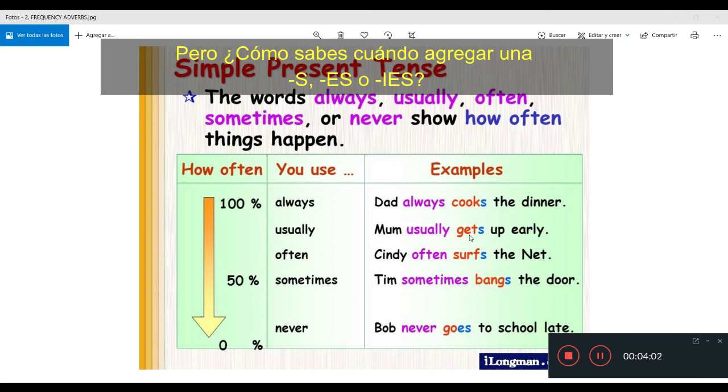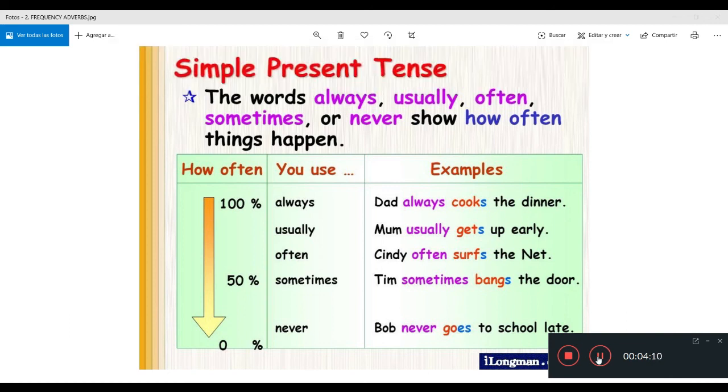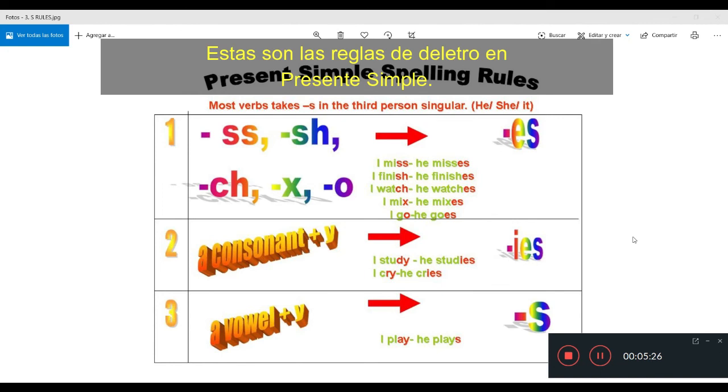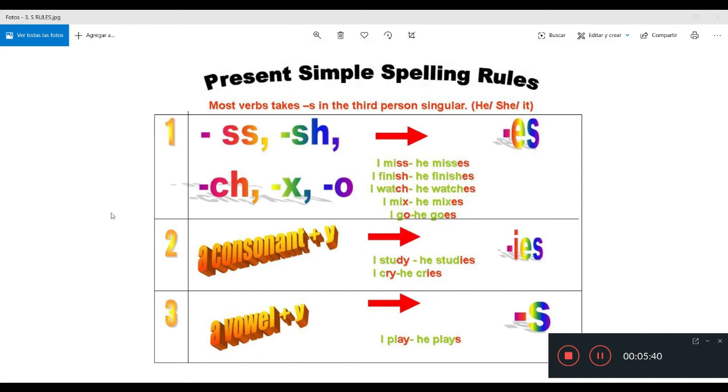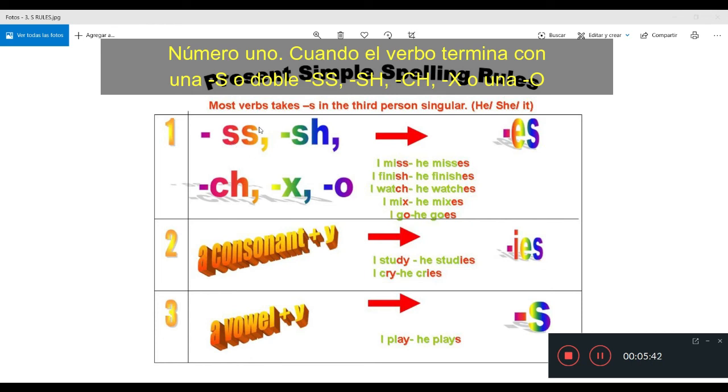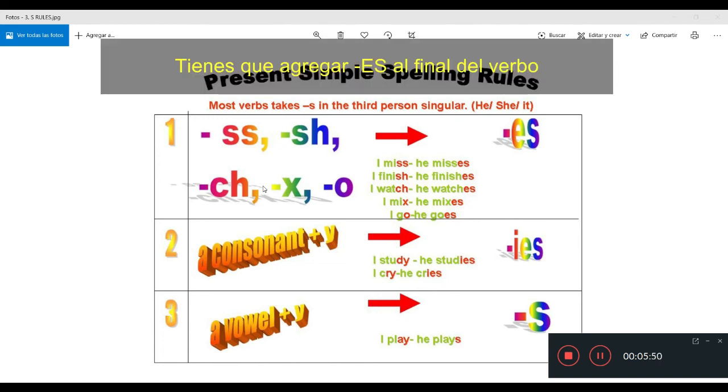But how do you know when to add an s, es, or ies? These are present simple spelling rules. Number 1, when the verb ends with an s or double s, sh, ch, x, or an o, you have to add es at the end of the verb.